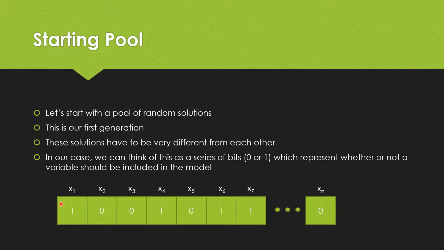This algorithm is going to give a 1 or a 0 to the variables that it's going to test in the model. And when I say that the initial pool of solutions has to be random, I mean you could have 50 different solutions down here. So you could have 50 different assortments of ones and zeros for your 200 variables. And they need to be different because that'll let the algorithm go through the search space very effectively.